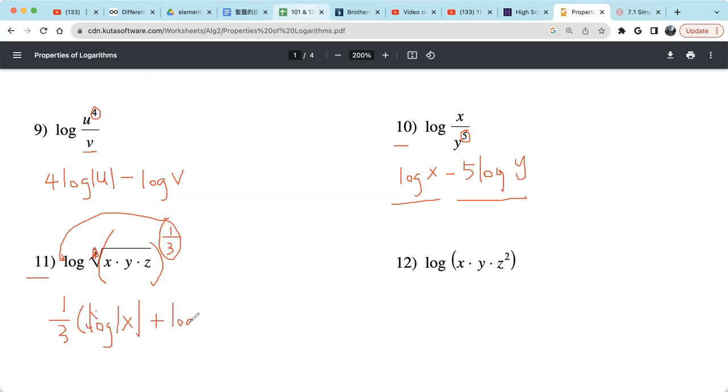So I have 1/3 with parentheses, log absolute value of x, log absolute value of y, plus log absolute value of z. Then close parentheses. So 1/3 applies to 3 logs because 1/3 is the exponent for x, for y, and for z.